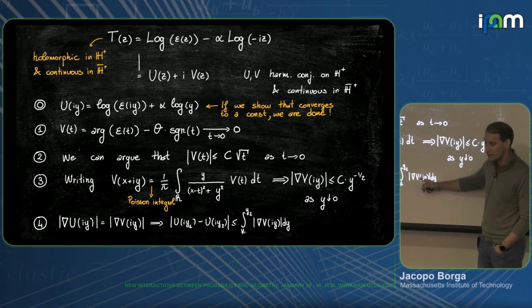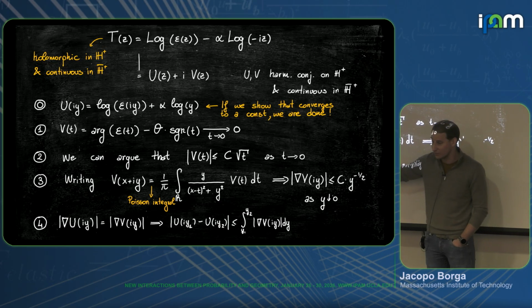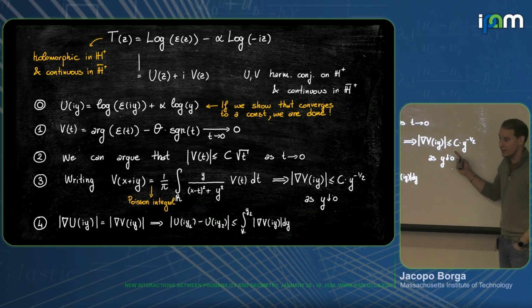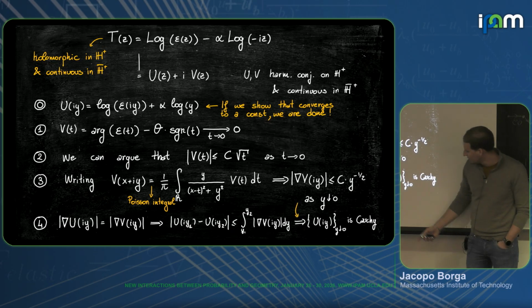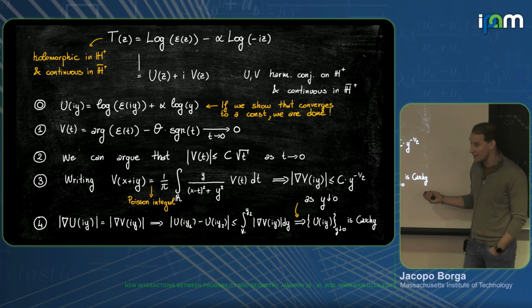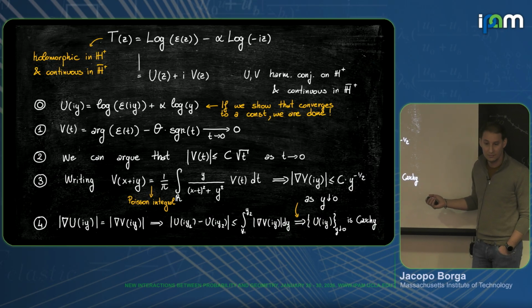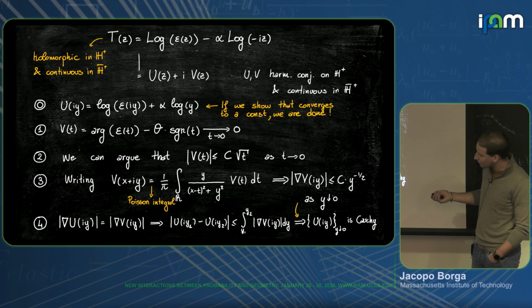But the gradient of u is exactly the gradient of v, and we have a bound on the gradient of v. So if you plug in this bound, it tells you that u(iy) is actually a Cauchy sequence. But if u(iy) is a Cauchy sequence, then this function is converging to a constant.